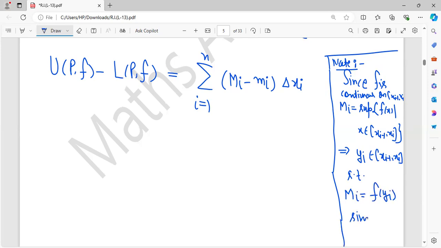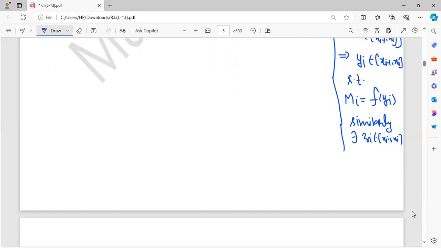Similarly, because infimum is also attained, there exists z_i belongs to [x_{i-1}, x_i] such that small m_i is equal to F(z_i).